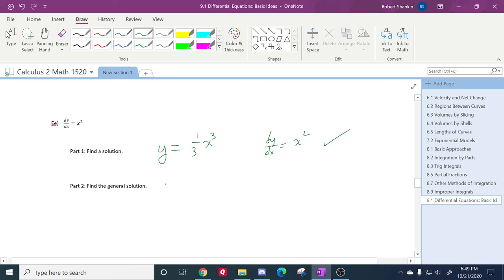Group 5. Didn't get that far. Okay. Anybody? Could it be something like 1 over a and then x to the power of a? 1 over a, x to the a. Well, let's see.